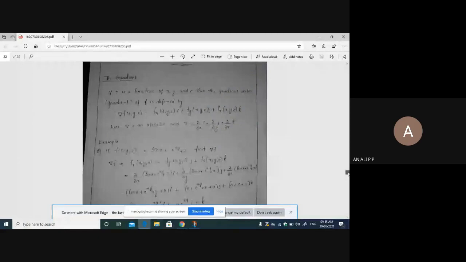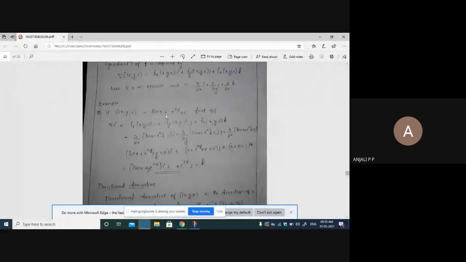See here, f of x, y, z equal to sin x plus e raised to xy plus z. Find del f. Del f means find the gradient of f.